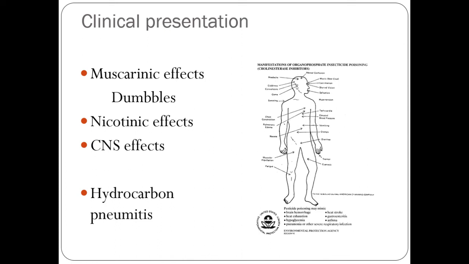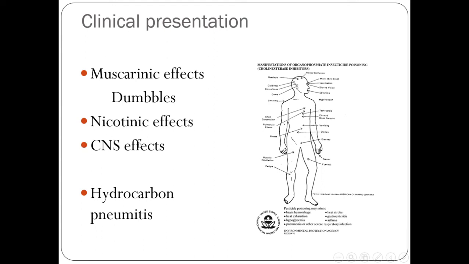As I told you, the first manifestation to appear is the central manifestation in the form of confusion, aggression, irritability. After that, the muscarinic manifestation will appear. It is present in the word DUMBELS: diarrhea, urination, miosis, bradycardia, bronchorrhea, lacrimation, emesis, salivation, and sweating.